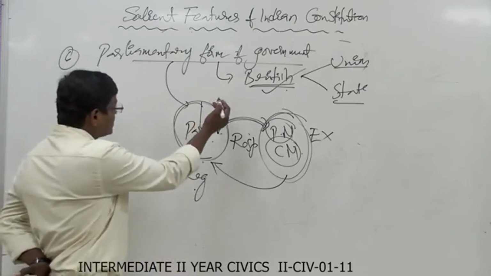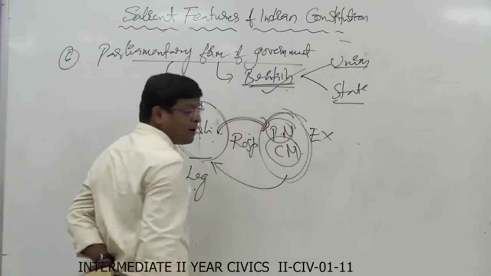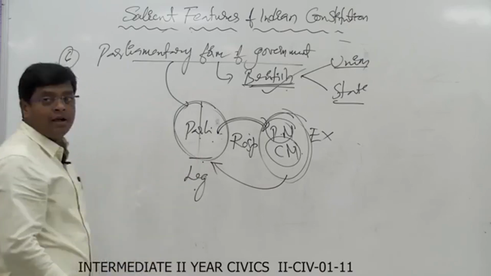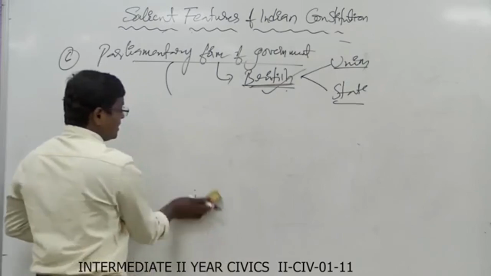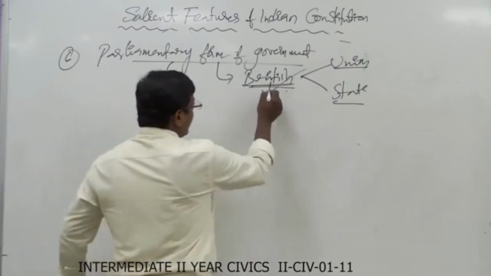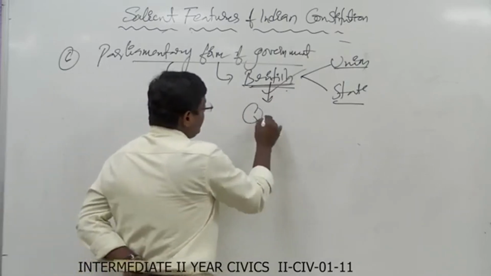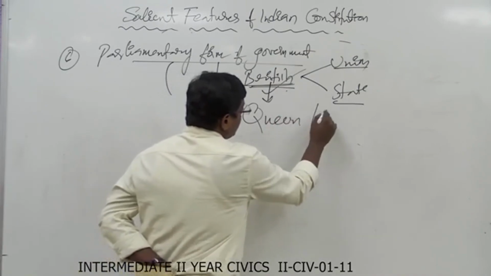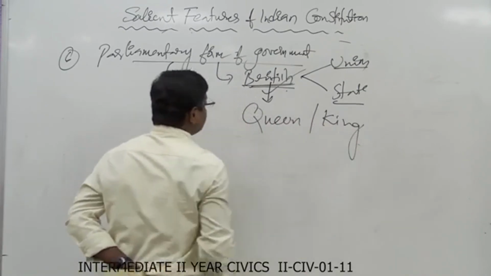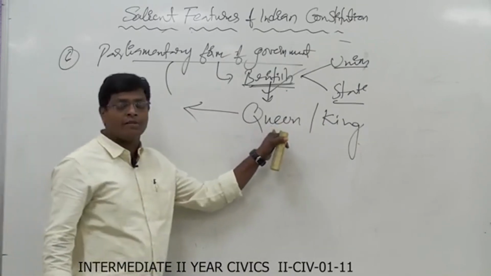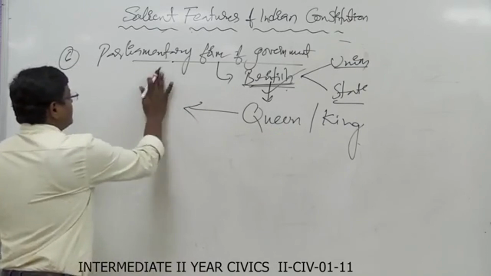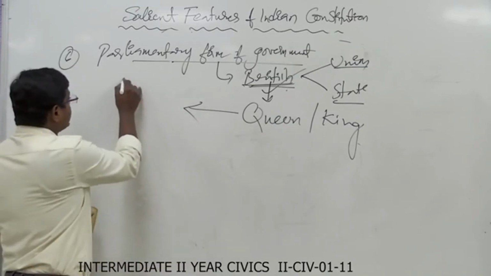We accepted the parliamentary system of Britain, but we did not accept the hereditary head of Britain. The British parliamentary system is headed by a Queen or King, whereas we did not accept such a hereditary head of the nation. We changed the provision to an elected head.